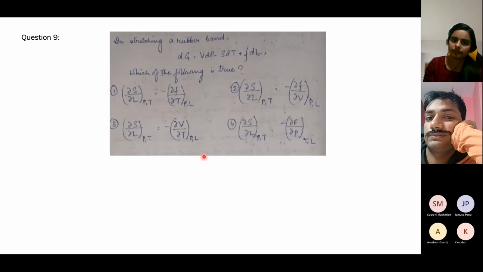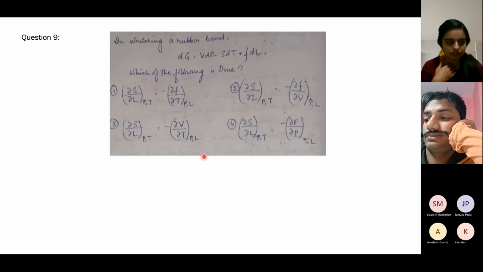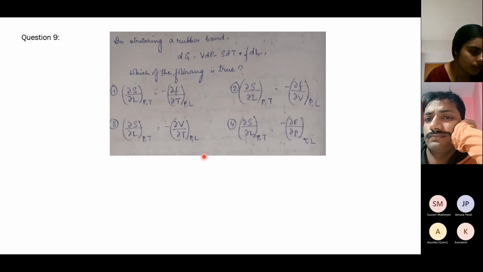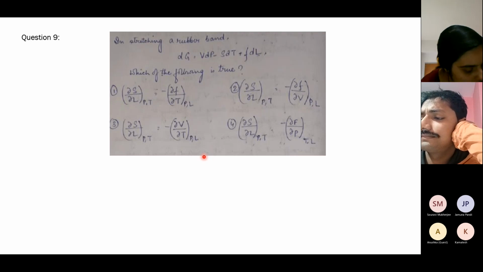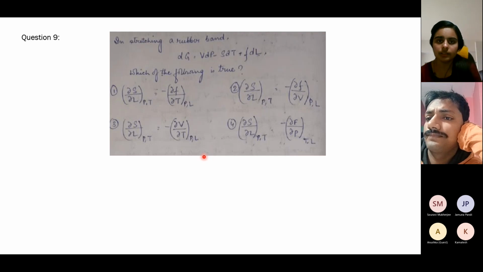So how do you plan to proceed? Can anyone tell me how to proceed with this question?